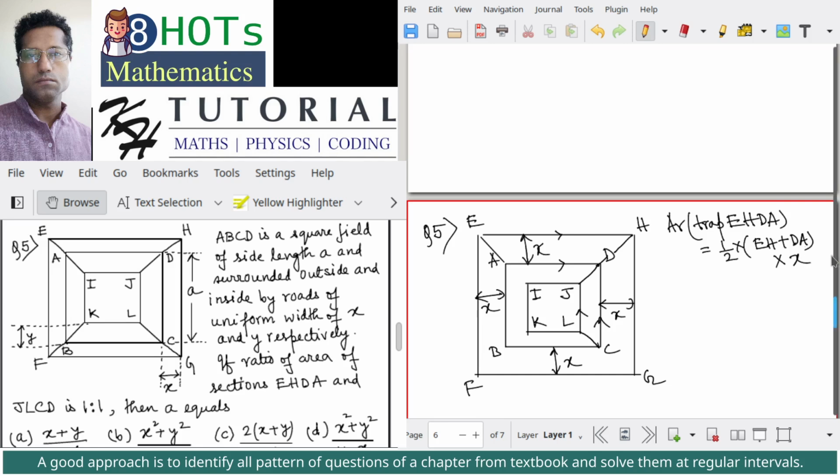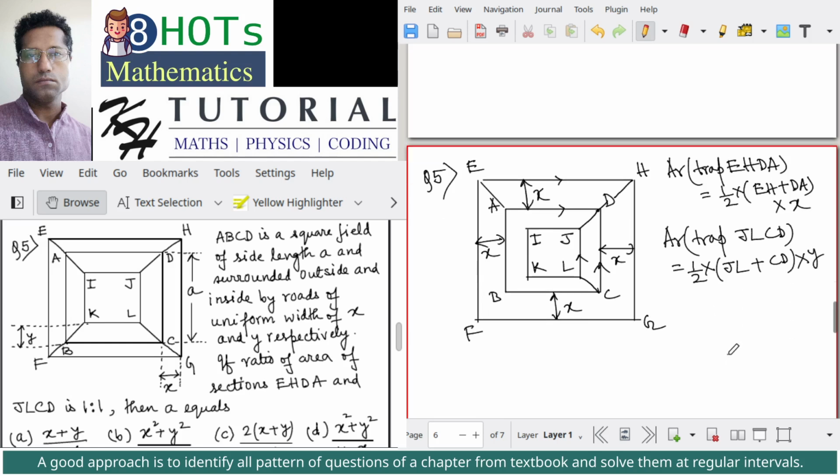We have to somehow find EH and DA. Also the area of trapezium JLCD will be half multiplied by the sum of the parallel sides, JL plus CD, multiplied by the height, which is the width of the road surrounding the field inside, which is y. Now we have to find EH and DA.